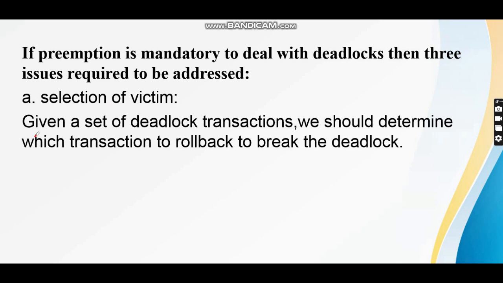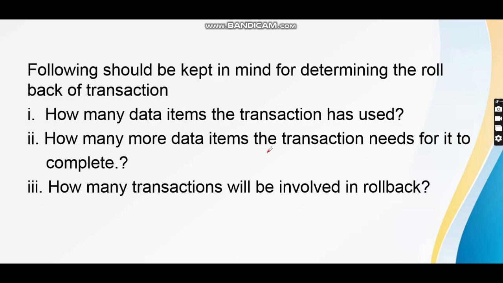Okay. Given a set of deadlocked transactions, we should determine which transaction to roll back to break the deadlock. Okay? Which transaction to be rolled back to break the deadlock, right? The following should be kept in mind for determining the rollback of a transaction. Very first one is how many data items the transaction has used.